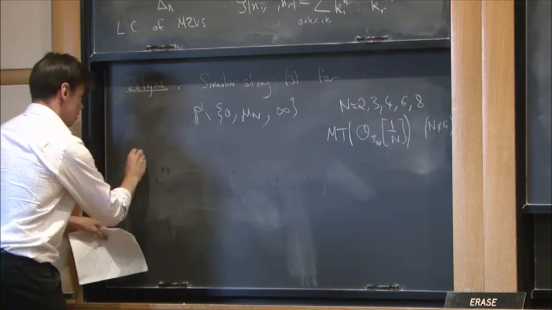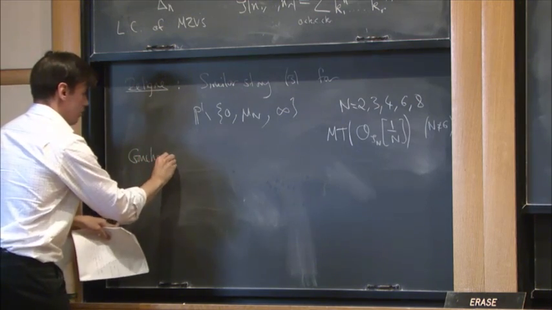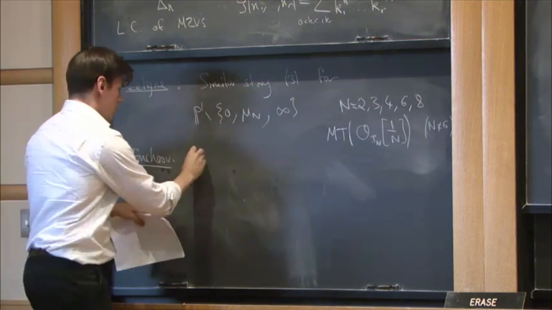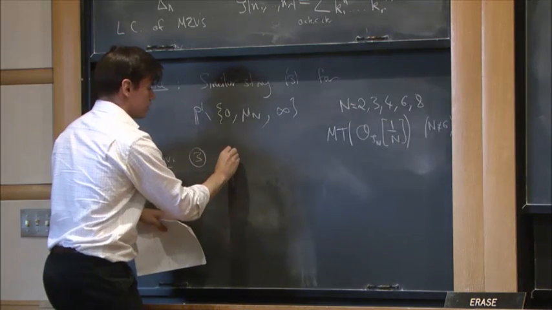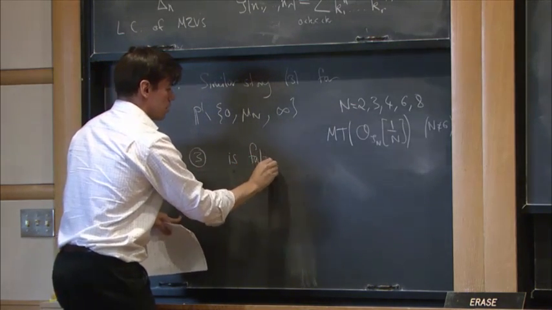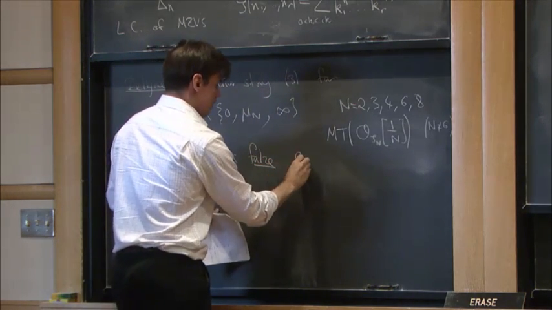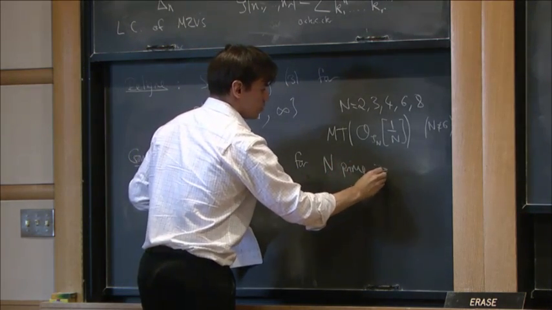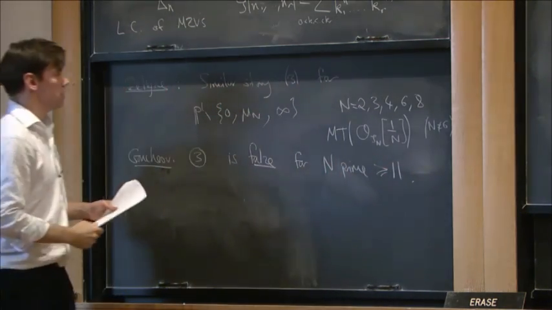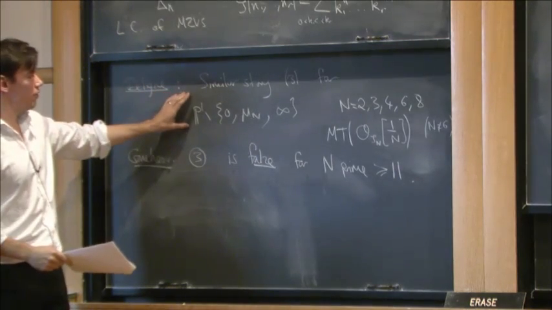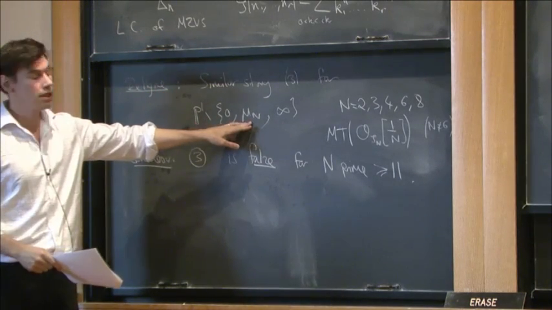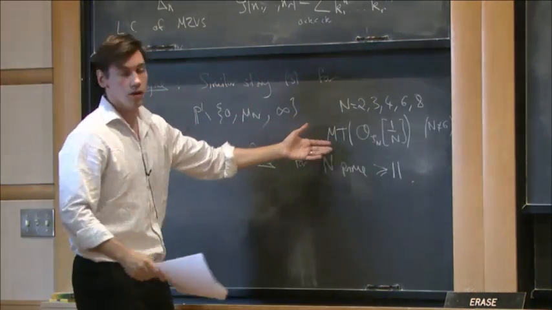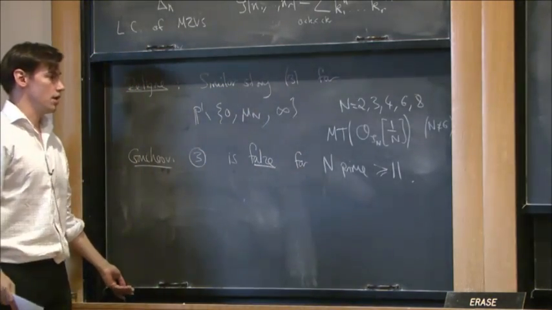But then it gets a bit worse because Goncharov has shown that, in fact, part 3 is false for certainly n a prime number greater than or equal to 11. That means that the motivic fundamental group of these spaces, where you take roots of unity, does not generate the corresponding category of mixed Tate motives in those cases.